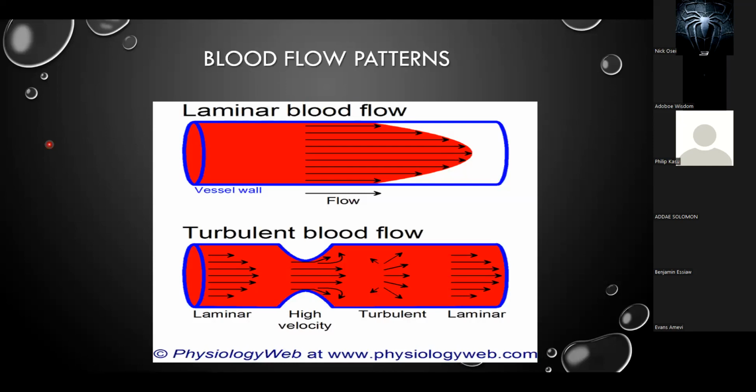Another thing that helps us is that if you have a normally open vessel, there's what you call laminar flow, where the blood that is closer to the vessel walls is flowing at a slower speed than that in the middle. That is what is being shown on the laminar flow there.